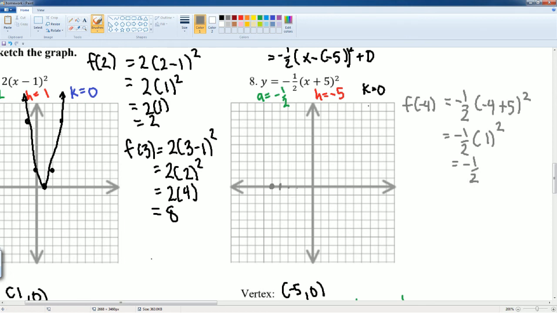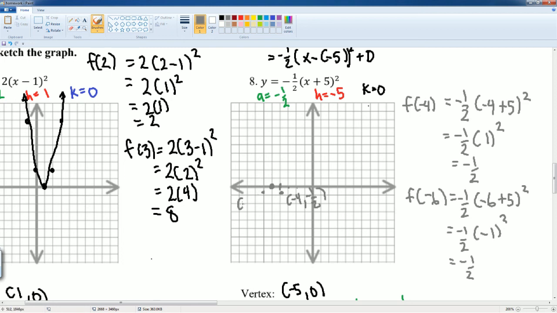Let me see here. All right, so you see here, I plugged in the 2 points next to it. When it's right here, that is the point (-4, -1/2). And next to it, it would be (-6, -1/2). Do you see that? It's hard to see, so I'm going to grab a couple more points.